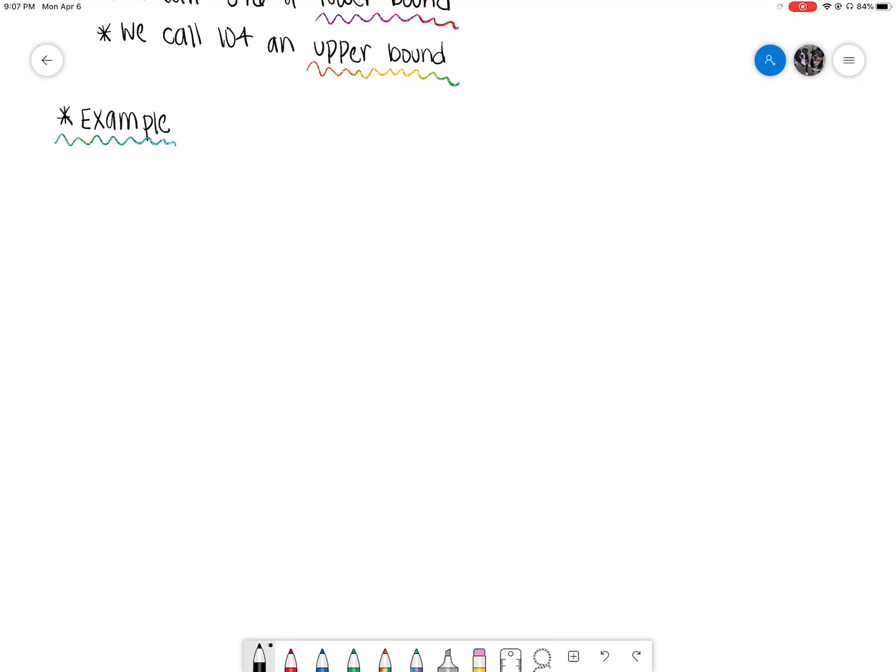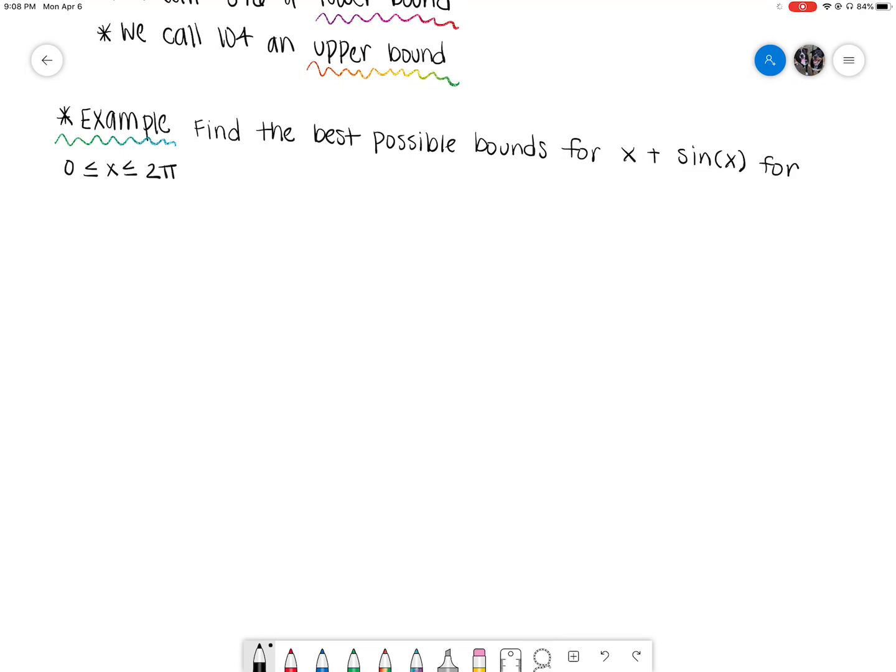We want to find the best possible bounds for x plus sine of x for 0 less than or equal to x less than or equal to 2 pi. So on the closed interval from 0 to 2 pi.